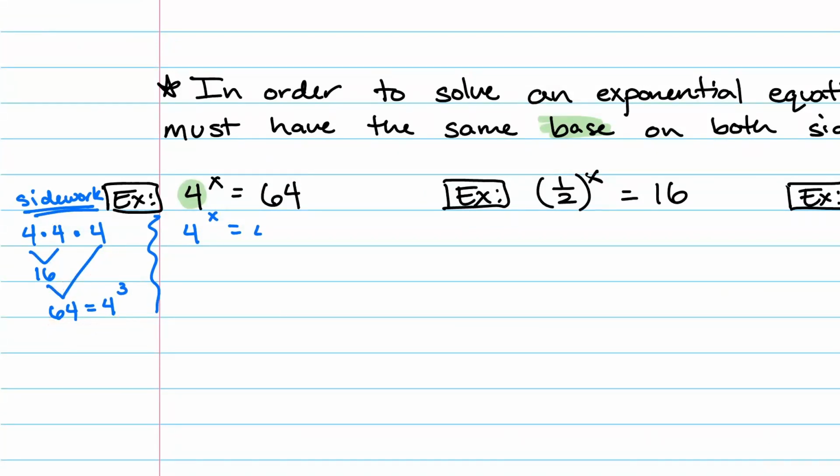So I'm going to write this as 4 to the third power. Why did I take all this time to write it like this? Well, because now I notice that my bases match up. The 4 does match up with the 4. That means my exponents must match up as well. I can say that x must be equal to 3. And we are done, okay?